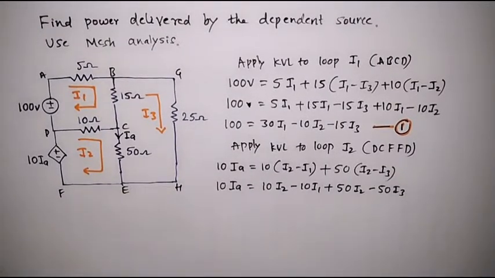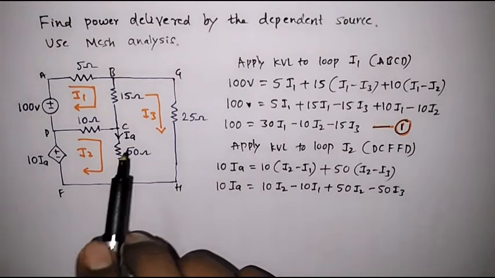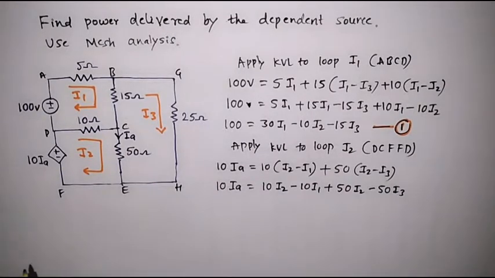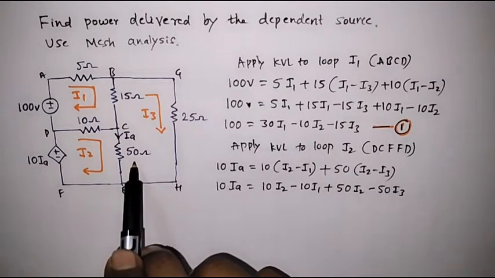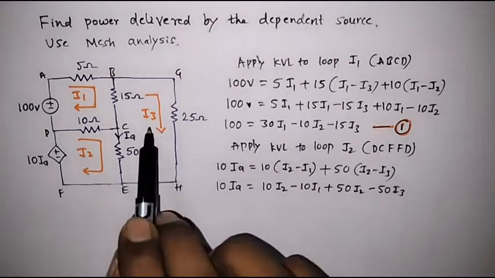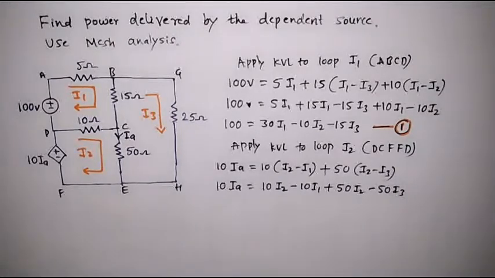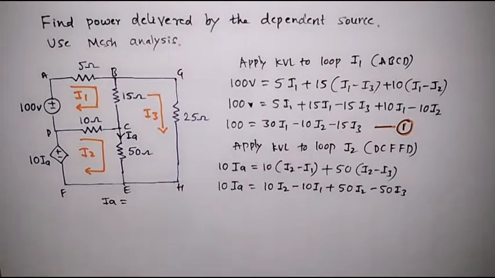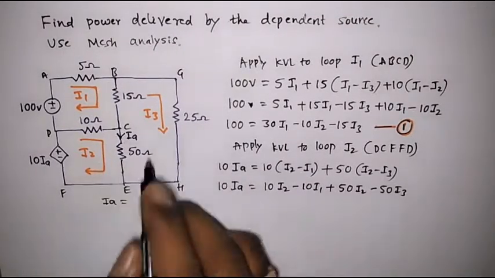Now here we can observe that the current through the 50 ohm resistor is IA. In the 50 ohm resistor, current I2 flows as well as current I3 flows. Therefore, I can say the value of IA is equal to I2 minus I3.